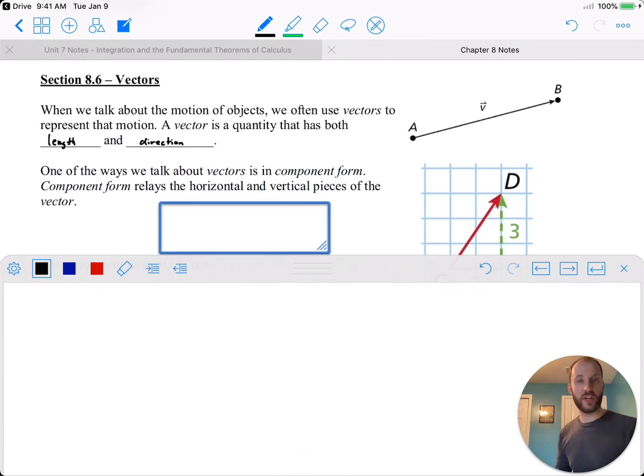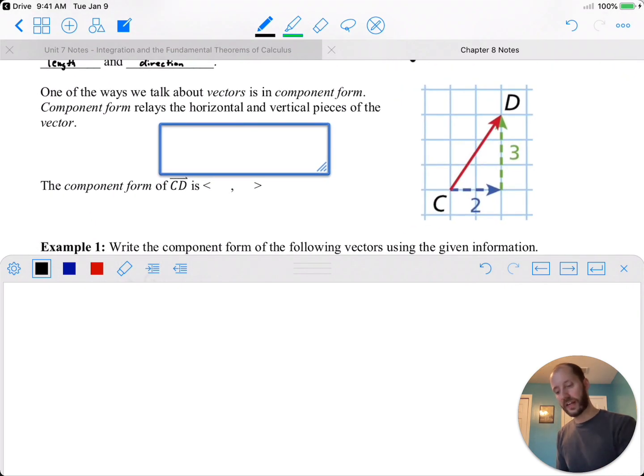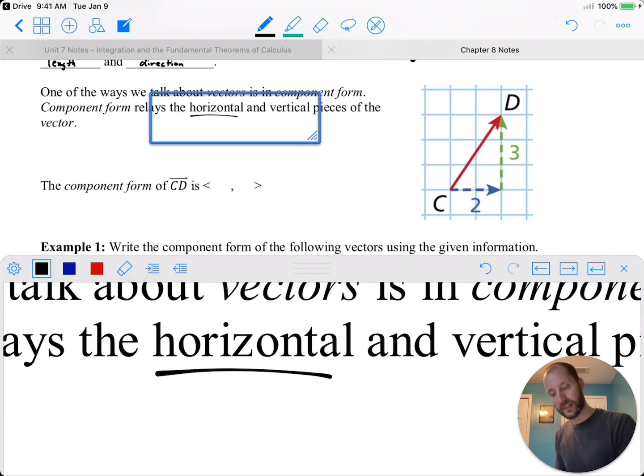One of the ways we talk about vectors is in component form. So kind of talking about the horizontal and vertical pieces of the vector. For the horizontal movement we have direction, the direction is horizontal, and the length. For the vertical we have the direction, it's vertical, and we just need the number for the length, the amount of oomph behind the object that's moving it in that direction.